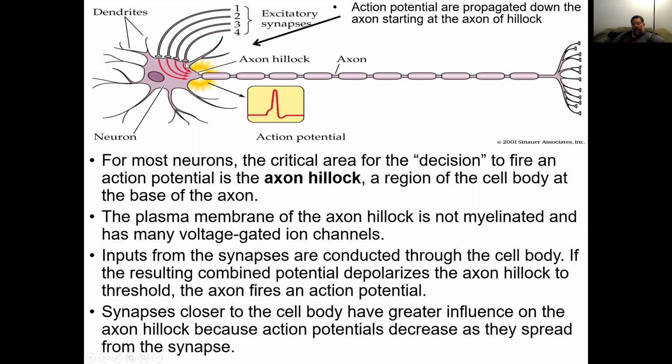Realize that, imagine if sodium started coming in right here on number 4. The concentration doesn't need to be as high to trigger an action potential because the diffusion is much shorter. So that concentration is going to be pretty strong already, and it's going to be right next to the axon hillock, triggering the action potentials.